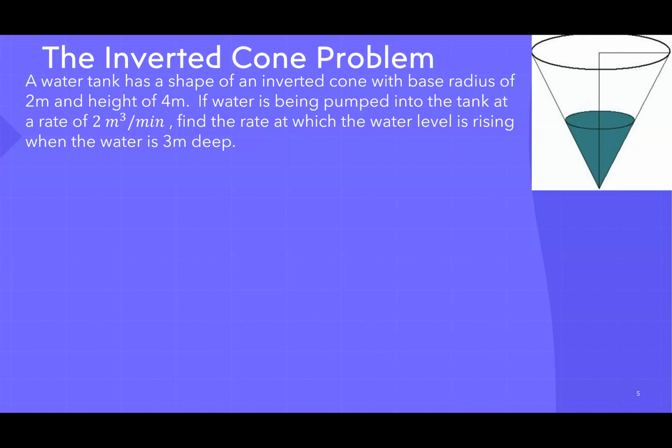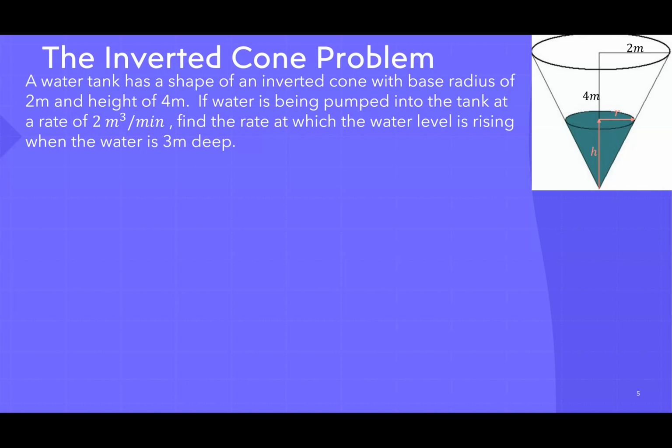Now the radius is 2 centimeters and the height is 4 centimeters. The shaded part there is denoting the fact that water is being pumped into it. And at some point, the water level is at the radius r and the height h.